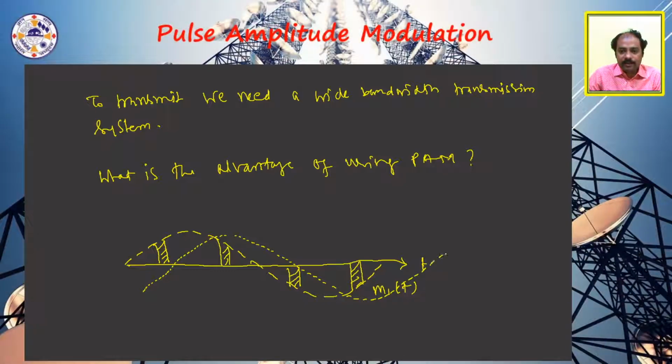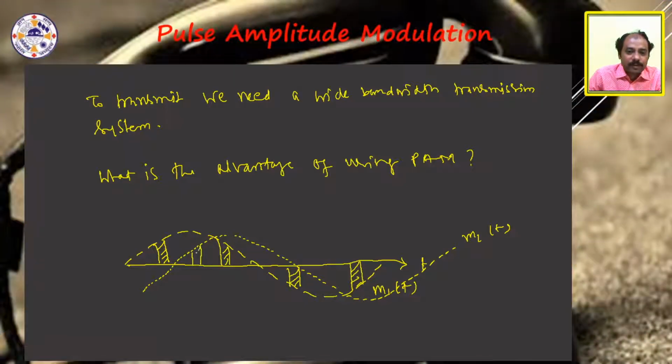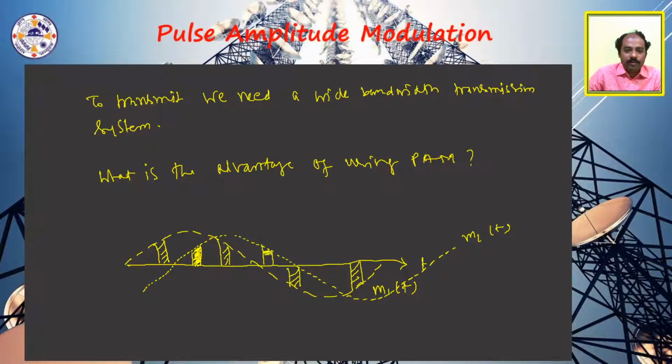Another signal is here. Say this is M2 function of t. Now I am using the same pulse train with these pulses.